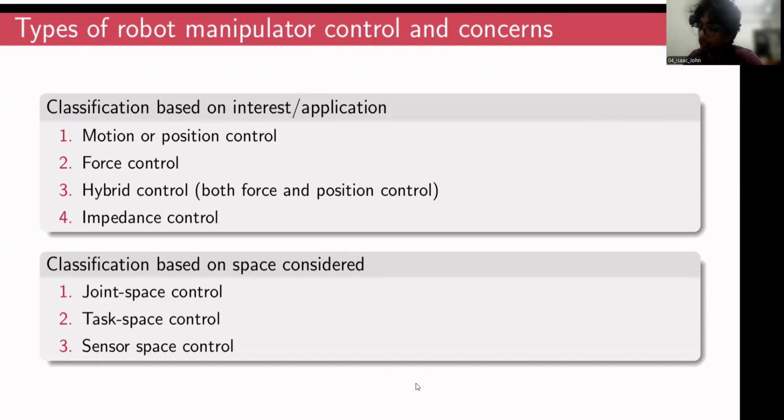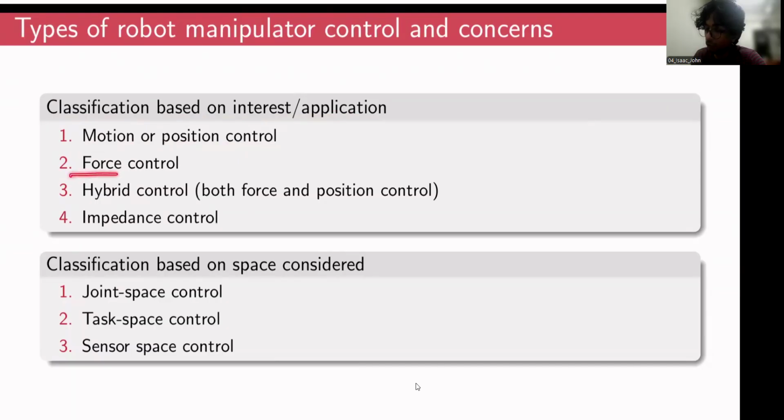Within either of these cases, kinematic and dynamic controls, we have even further ways to classify motion controllers, or any controller. It may not be strictly limited to motion controllers. So, classification of controllers based on interest or application. The first one is motion or position control, which is what we will be dealing with in this course.